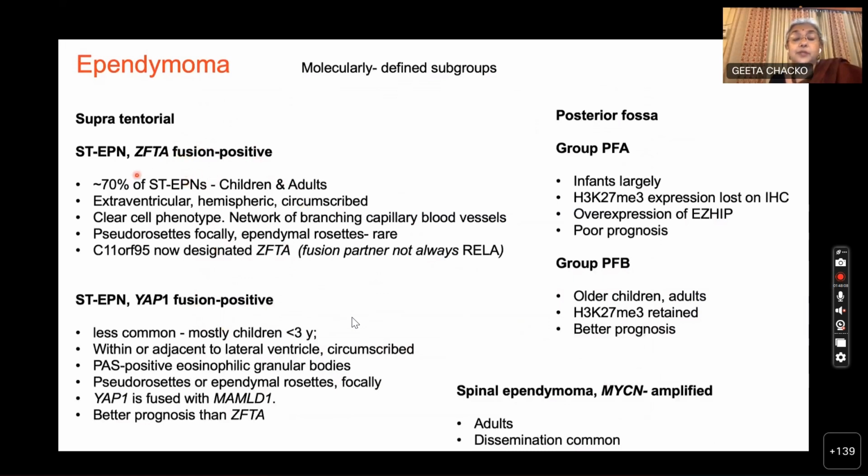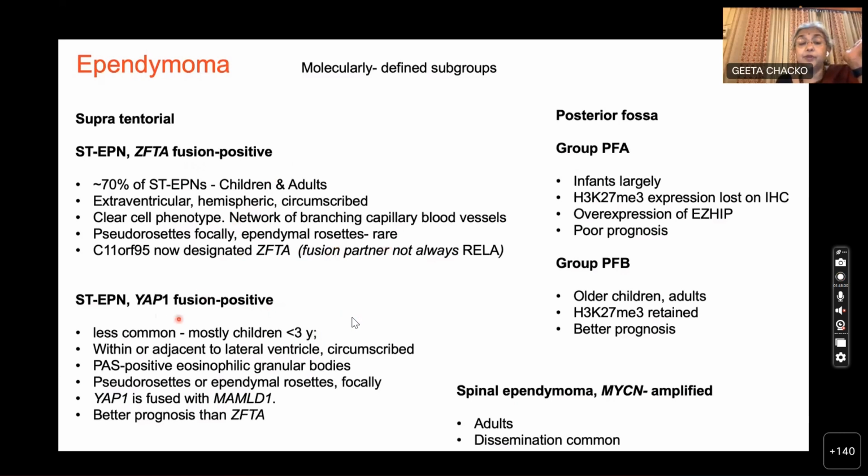Most of them, 70% of the supratentorial tumors, are the ZFTA fusion tumors. Some of them are YAP1 fusion, and these are usually seen in children less than 3 years. Supratentorial means above the tent. They often have a clear cell morphology when it's a ZFTA fusion, and here the rosettes and the pseudorosettes are rare.